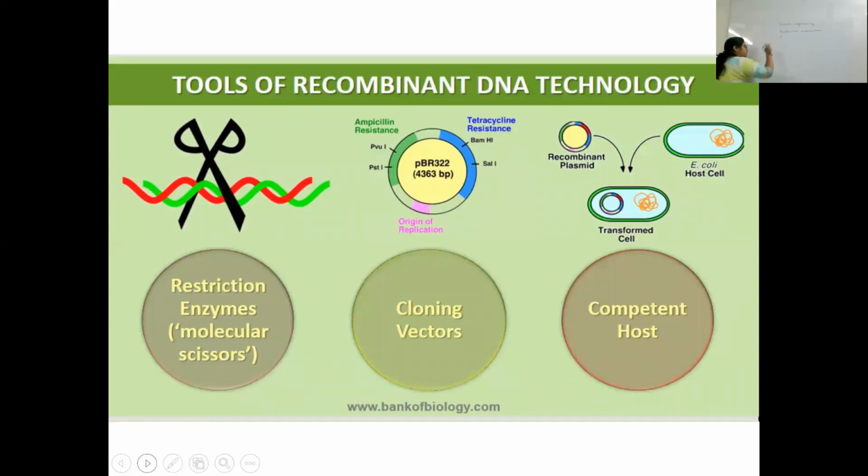The first important characteristic is it should cut DNA. The second important thing is it should cut DNA at the desired place. That means as per my desire. If I am having a stretch of DNA like this, I want only this piece.